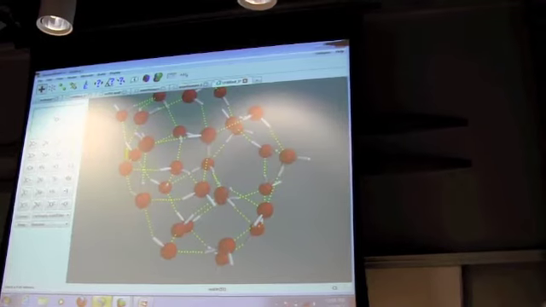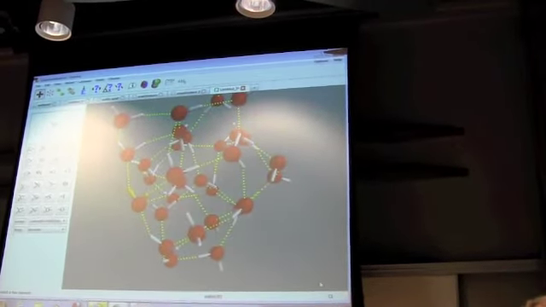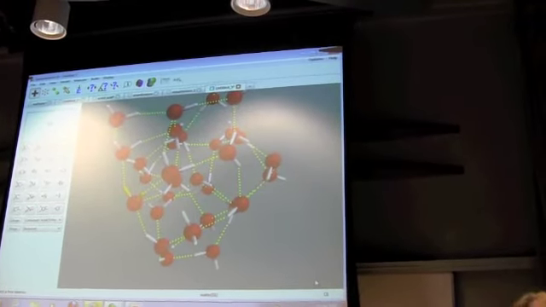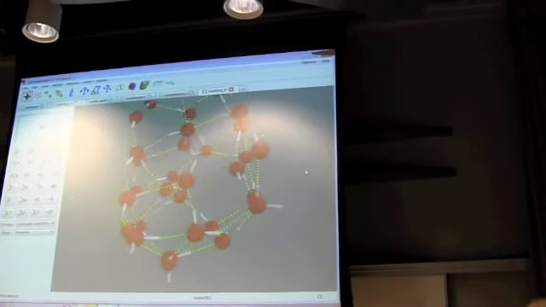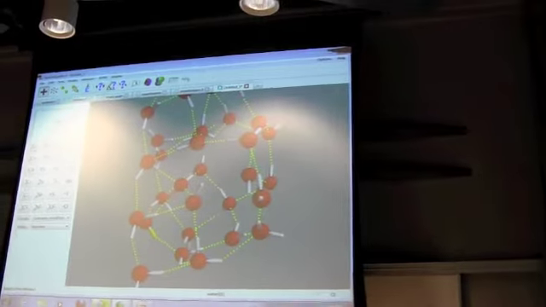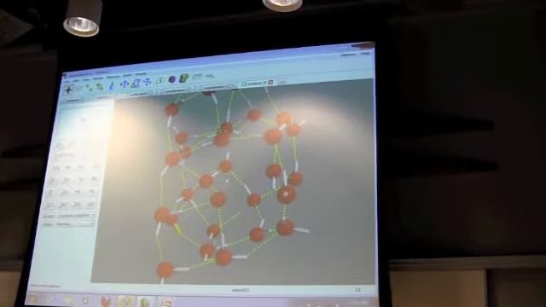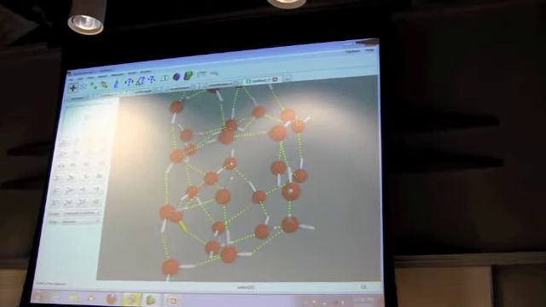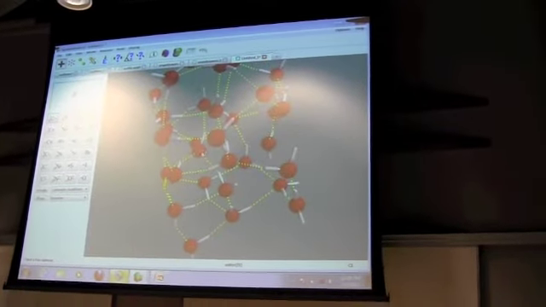And so you see these holes in here, and that's the reason why ice floats, because of these holes that are formed with these hydrogen bonds. Now I'm going to get a methane, and the methane I'm going to put right in here.